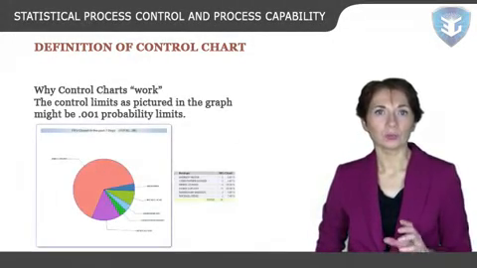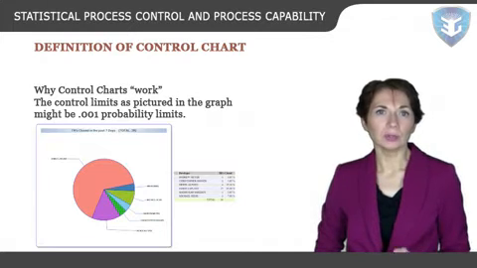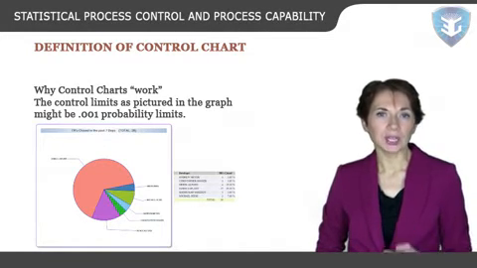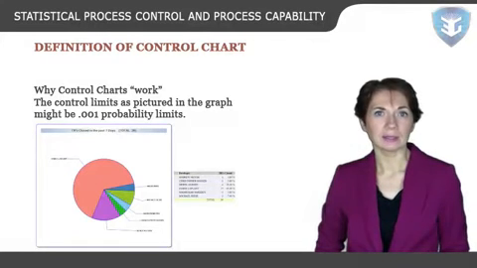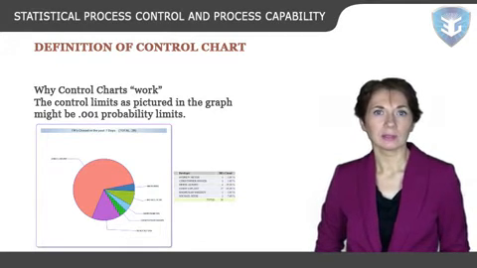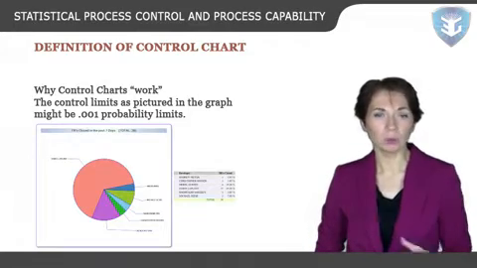Why control charts work? The control limits, as pictured in the graph, might be 0.001 probability limits. If so, and if chance causes alone were present, the probability of a point falling in the upper limit would be 1 out of 1,000. And similarly, a point falling in the lower limit would be 1 out of 1,000.